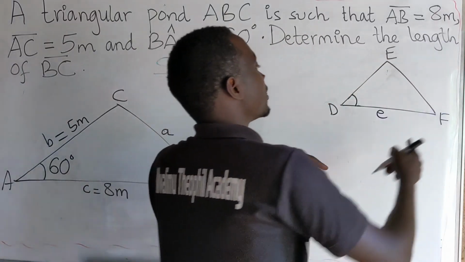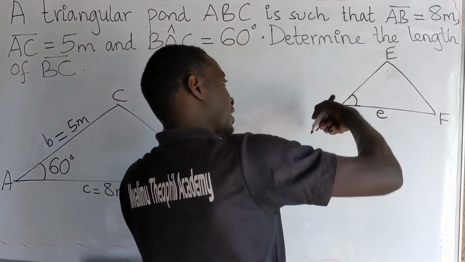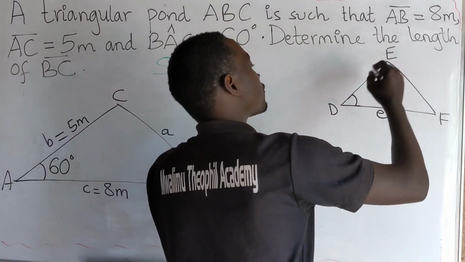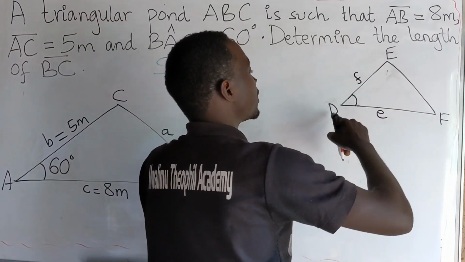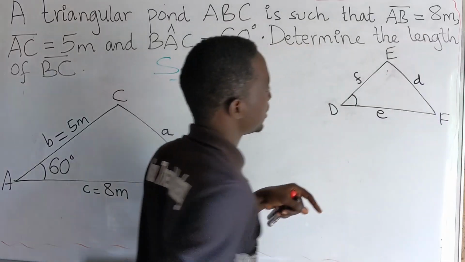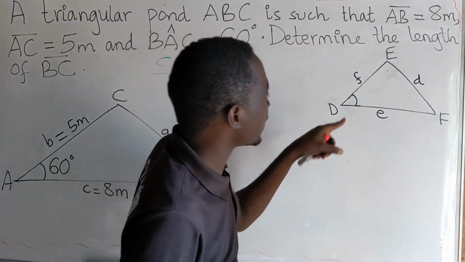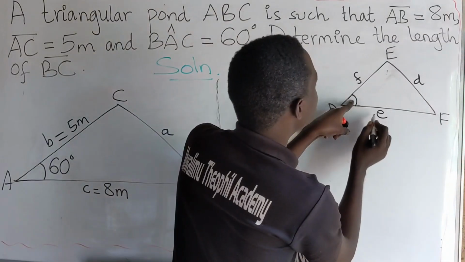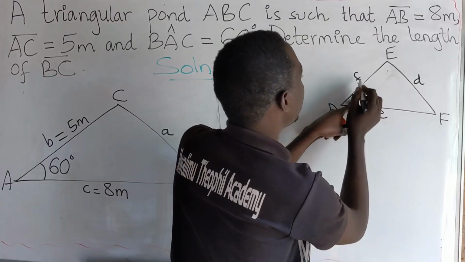The side opposite to angle F will be small letter f, and the side opposite to angle D will be small letter d. The included angle is D, and the two sides surrounding it are e and f.